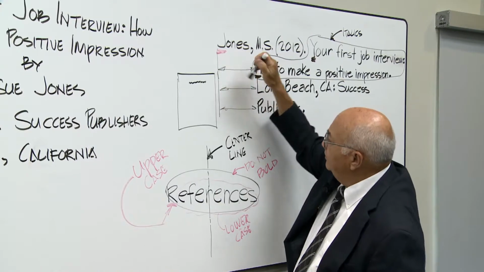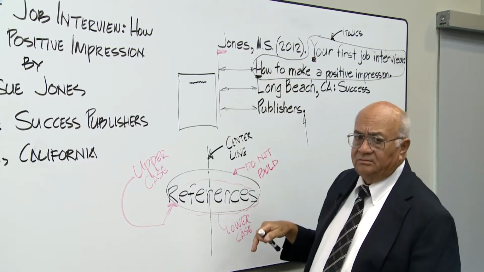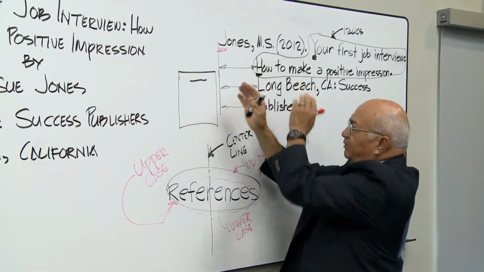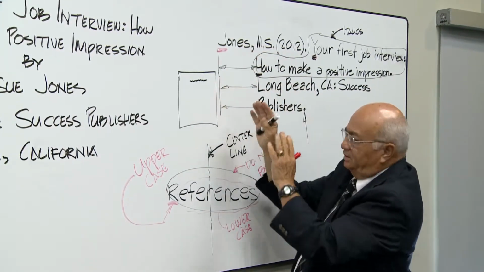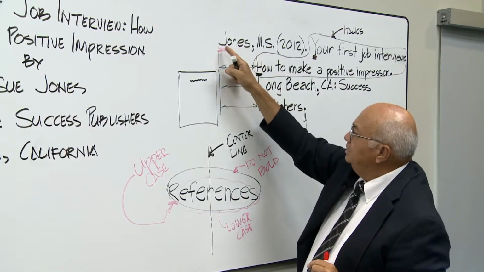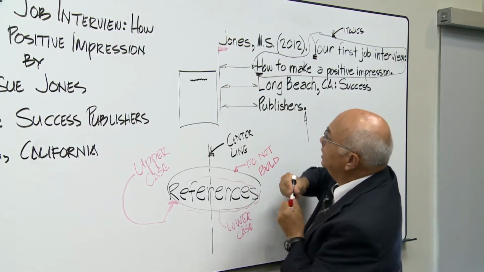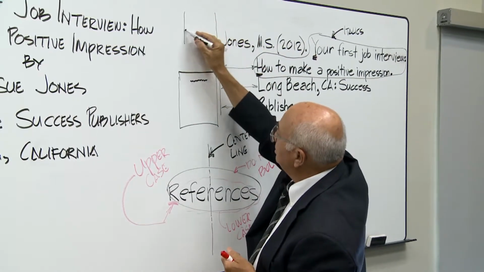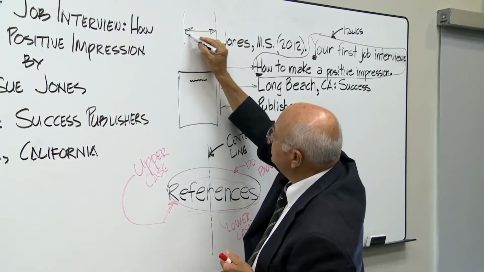Indent the second line. If you've got an old APA manual, they did it the reverse. This was indented, this wasn't. But the current manual says this stands here, up against the 1-inch margin.